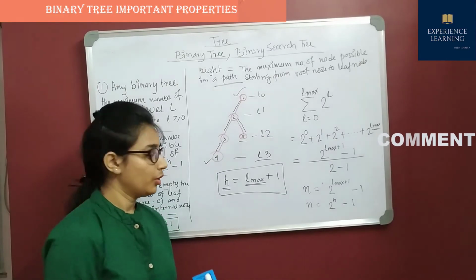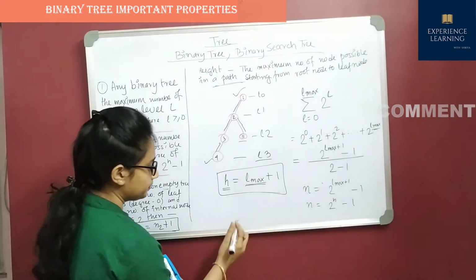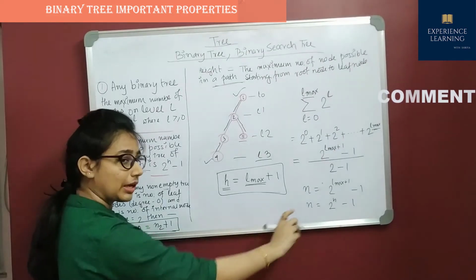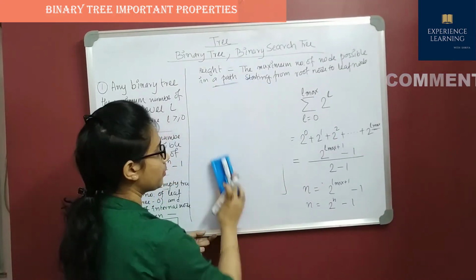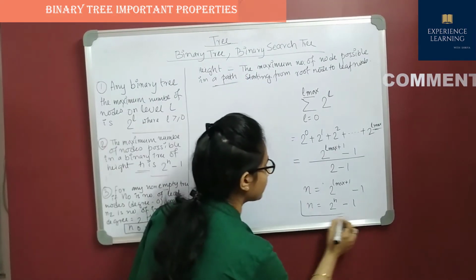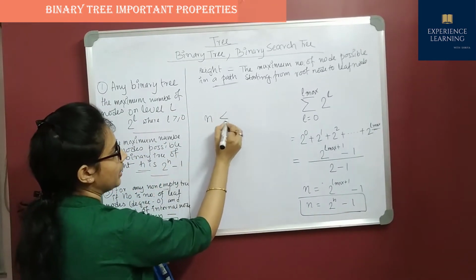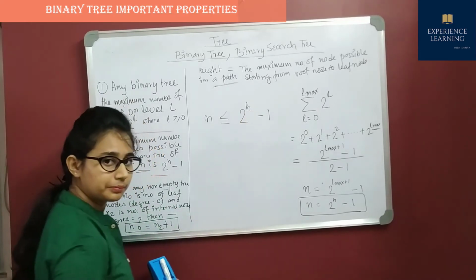Okay. From this formula you can also get another one. Here the maximum number of nodes possible is n, isn't it? So I can write n less than or equal to 2 to the power h minus 1.